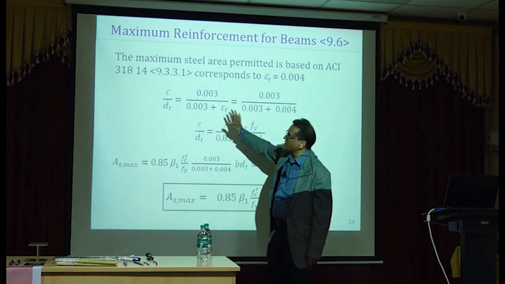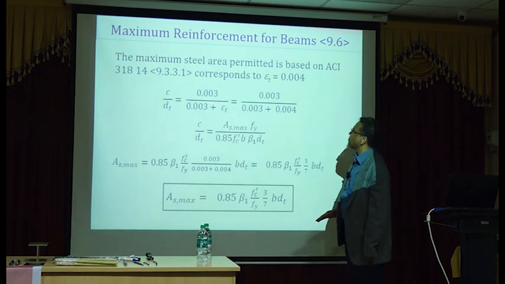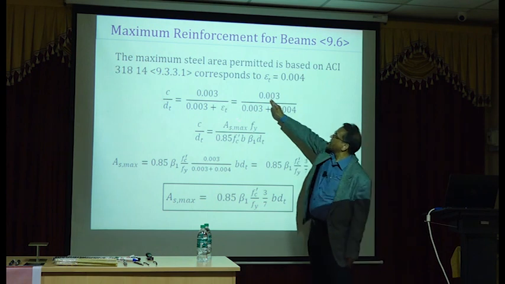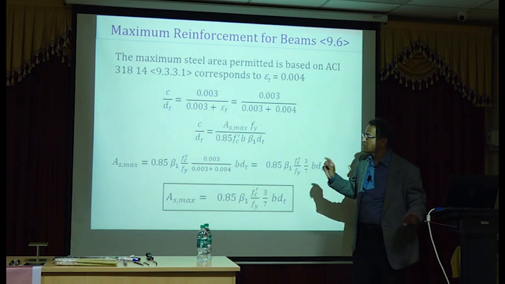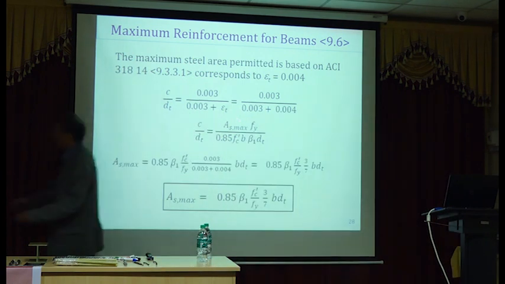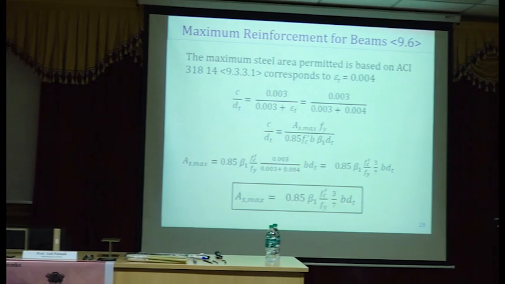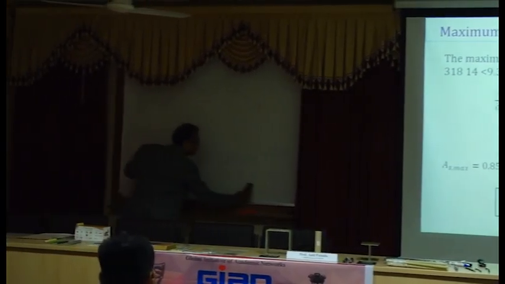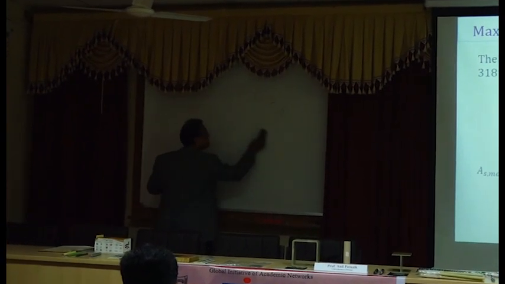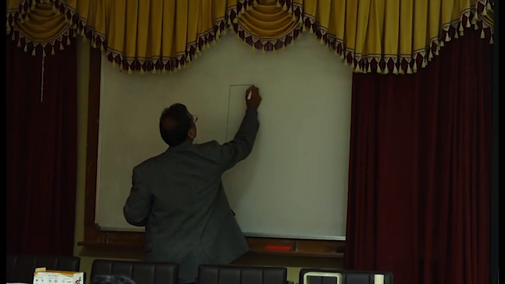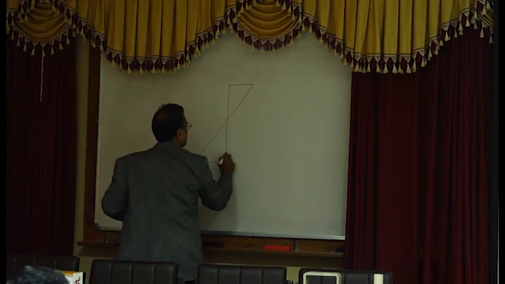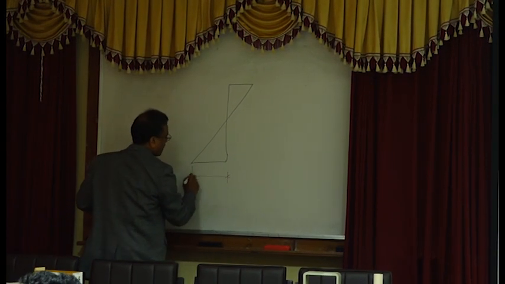All that I've done, I'm not going into all the details, but from the strain diagram, this is 0.003. Maybe I could just draw a simple figure that will make it clear. So this is 0.004.